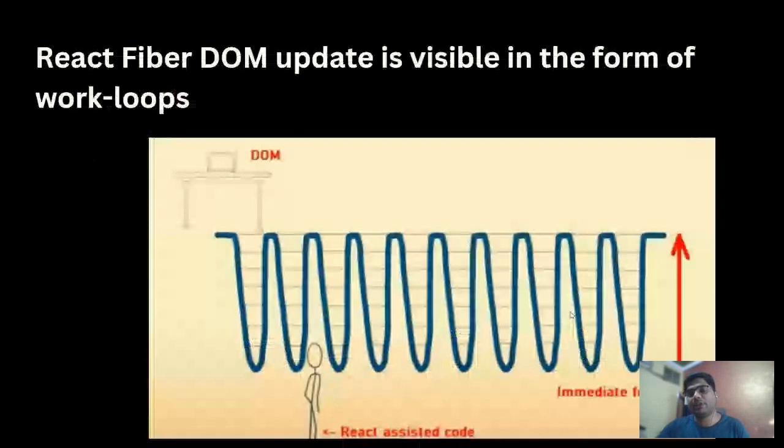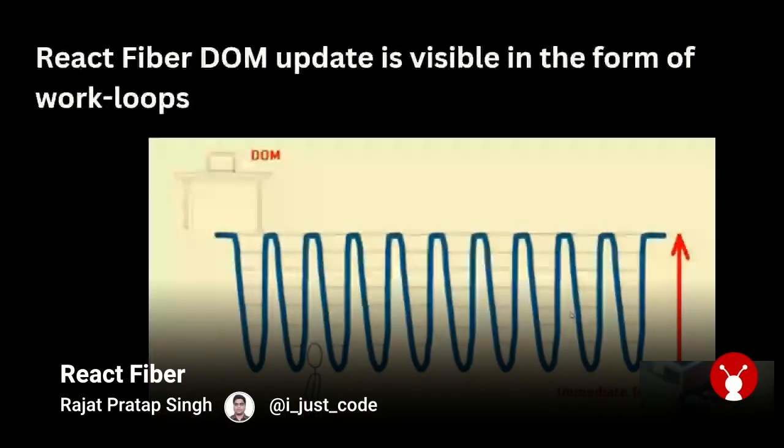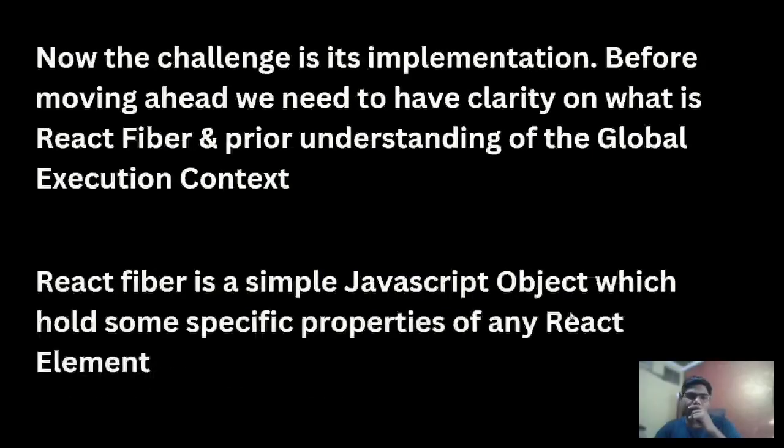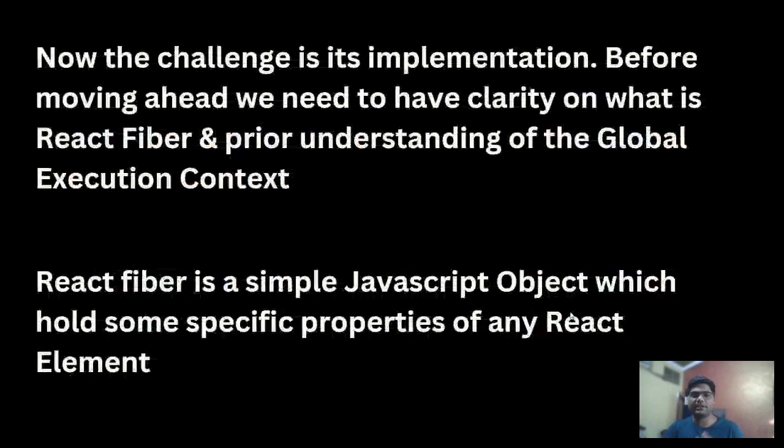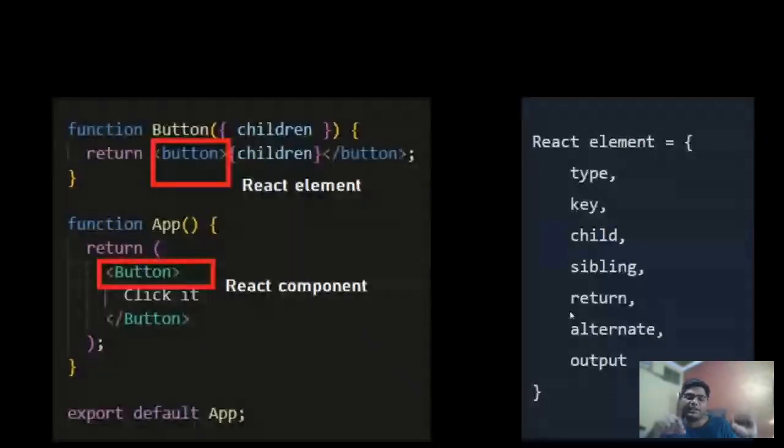When it is an asynchronous operation, I need to draw your attention to something we must have gone through, the global execution context, because that probably explains best how JavaScript handles asynchronous operations. So I want you to derive your analogy from the global execution context, hold on to it in your favorite hand, and I want to draw your attention to the refinement of what I have told you about React Fiber.